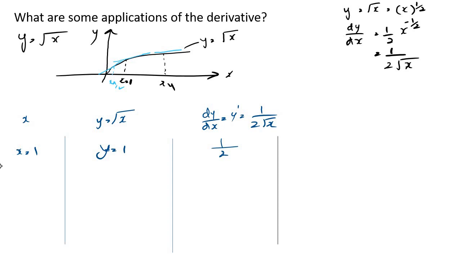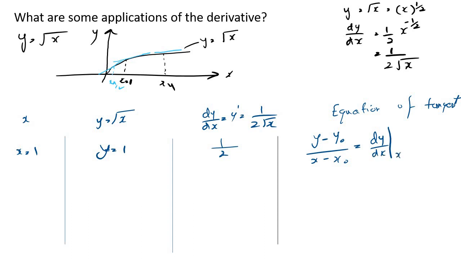Once we have the gradient, we can write the equation of the tangent. The equation of the tangent would be y minus y0 over x minus x0 equals dy over dx at x0.